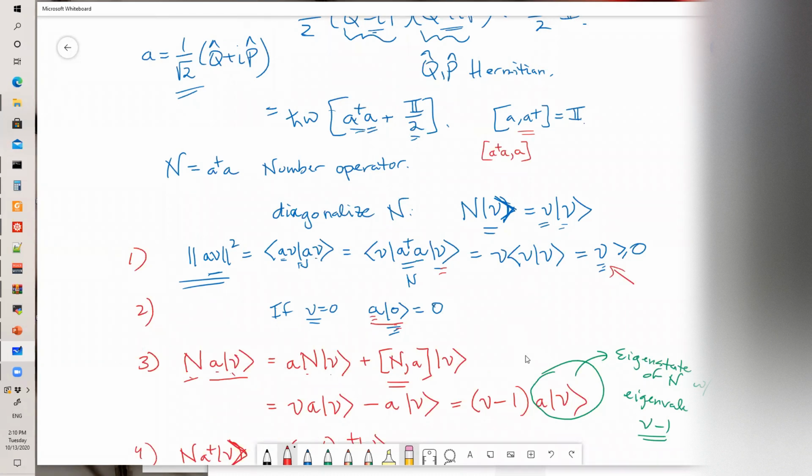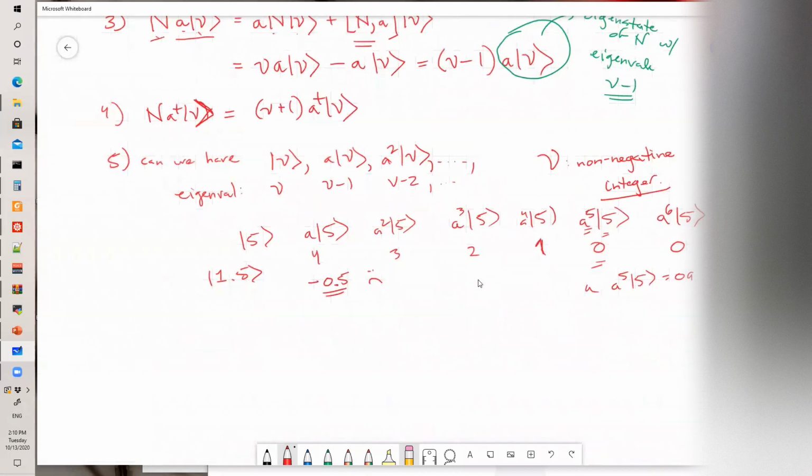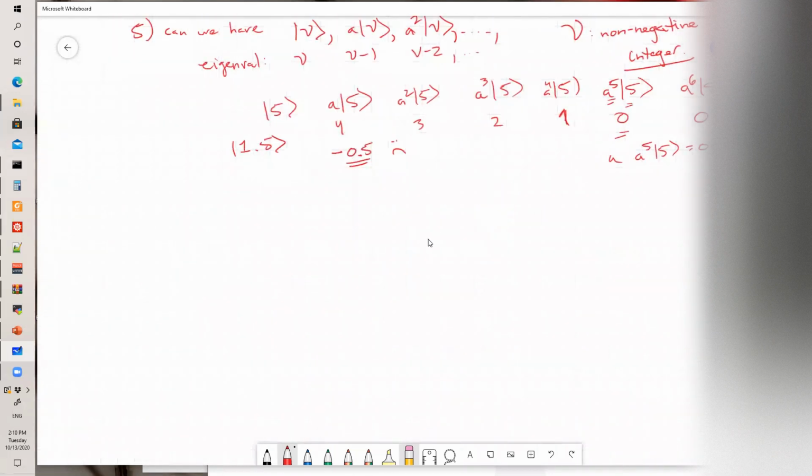Okay, and that's why it's called the number operator, right? Because of this property. So we got the number operator, and the eigenstates are numbers: 0, 1, 2, 3, and so on.